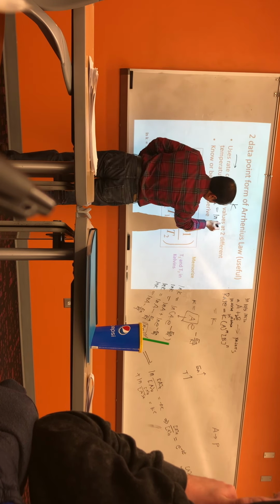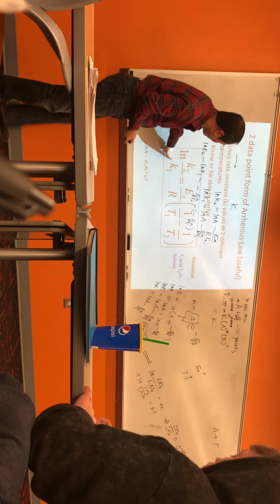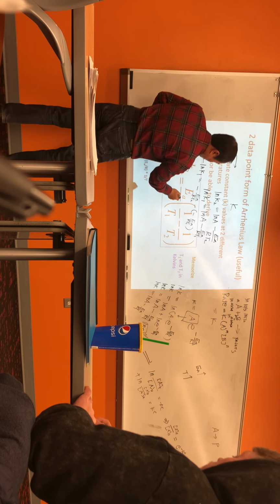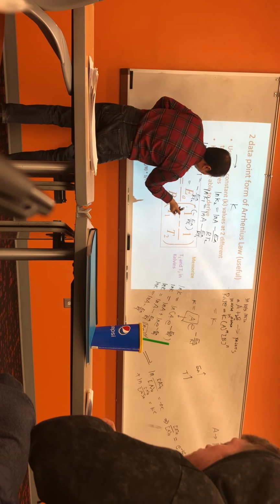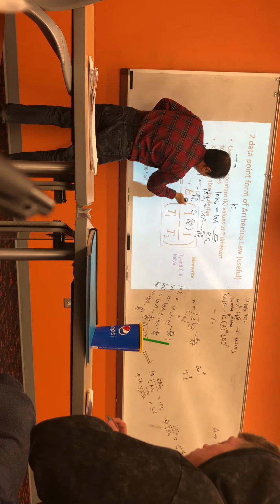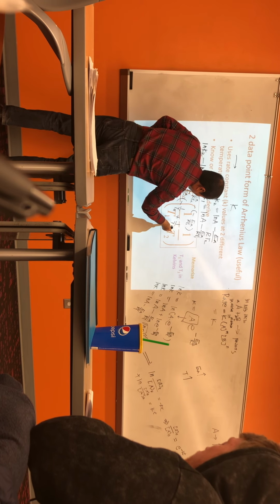So ln k2 minus ln k1. If you subtract, ln A goes away. Ea over R, then T2 because you subtract T1. Then this will turn into ln k2 over k1 because that's a property of logarithms. Let me write it one more time: ln k2 over k1 equals Ea over R times negative 1 over T2 plus 1 over T1.